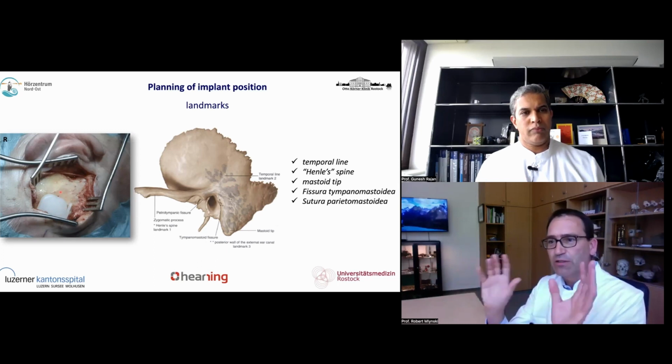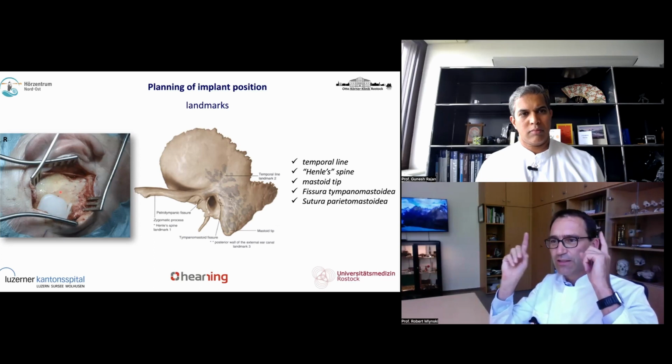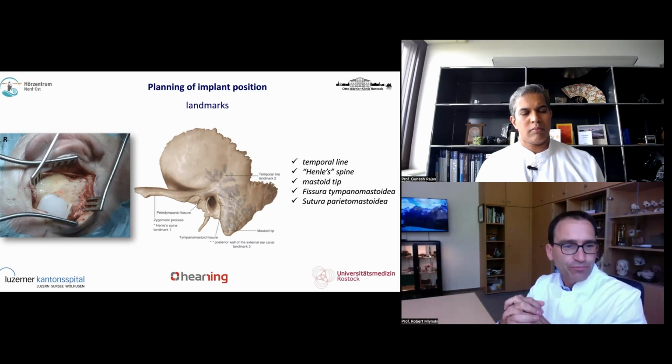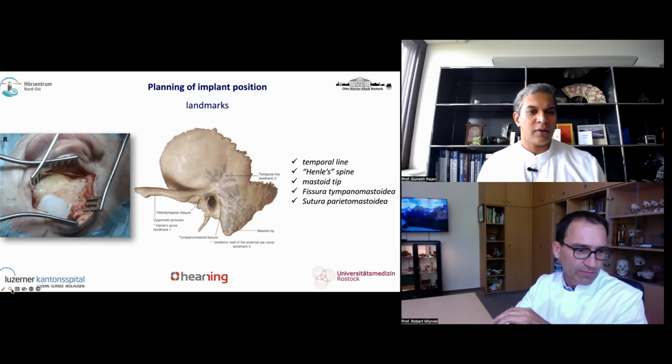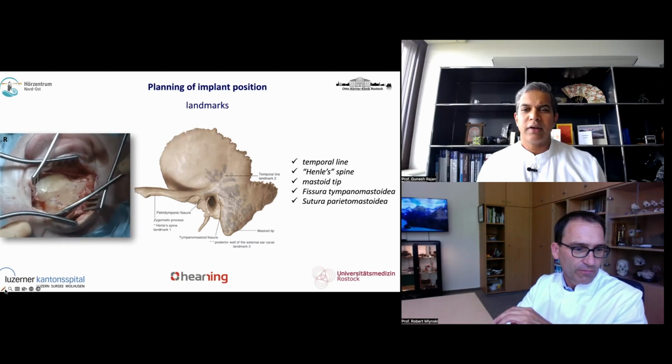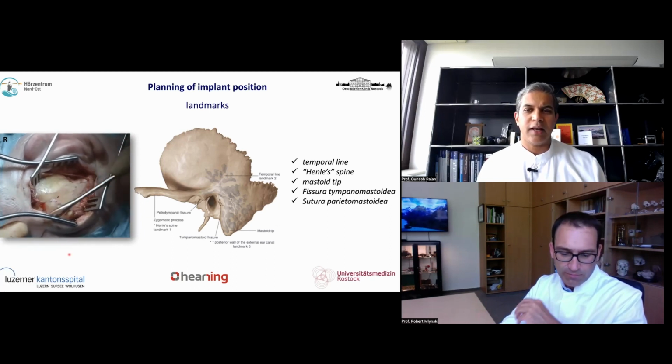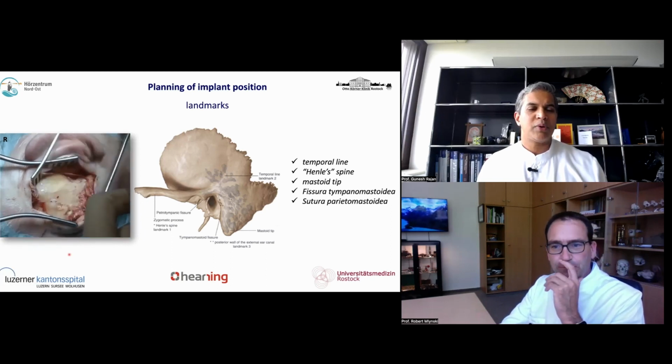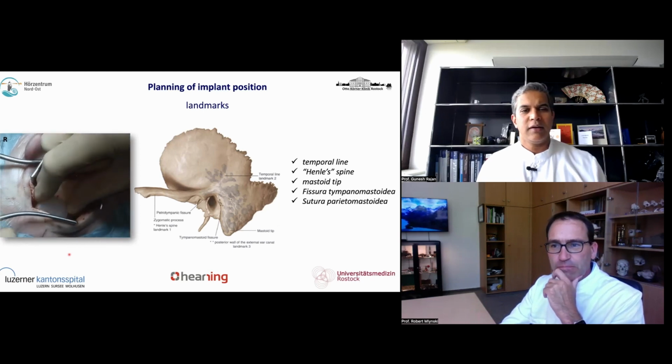If there's no malformation, if you have a normal skull, if you do bilateral implantation, you can also use this system to identify the exact spot on the other side. I think the landmarks are really crucial. And especially if it's a normal ear without any malformation, I think it's really important to stick to the Henle spine, identify the posterior canal wall skin, temporal line.